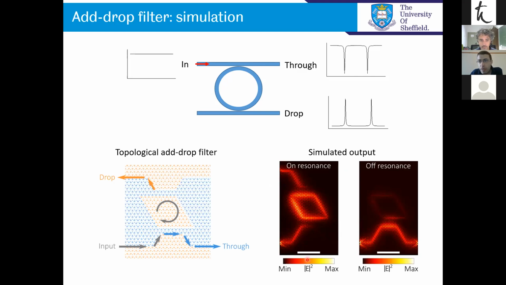Or we can see this more visually if we look at the simulated electric field, and we see on resonance with a mode, the light is coupled through the resonator, whereas off resonance, the light is predominantly coupled beyond the resonator, so without interacting.